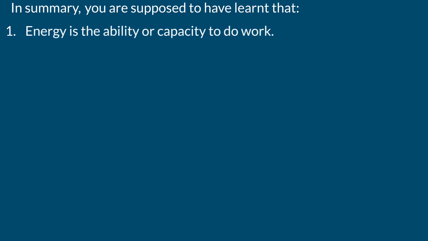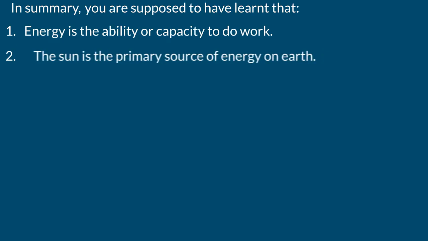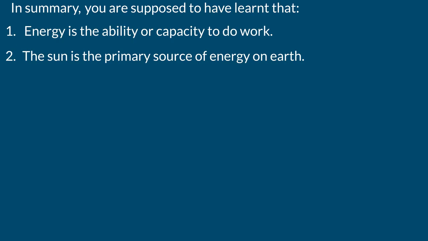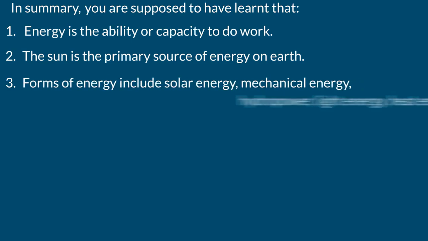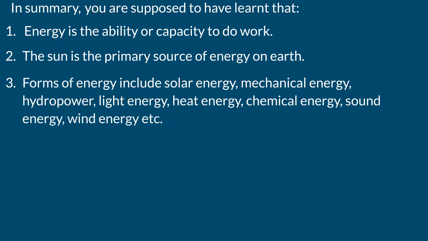In summary, by now you are supposed to have learnt that energy is the ability or capacity to do work. Also, the sun is the primary source of energy on Earth, and that the forms of energy include solar energy, mechanical energy, hydropower, light energy, heat energy, chemical energy, sound energy, and wind energy.